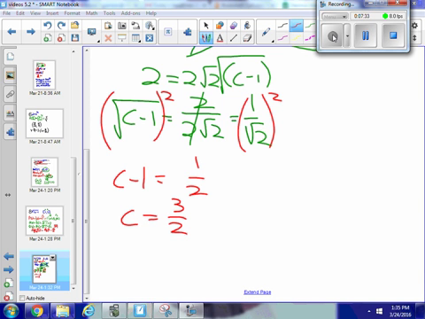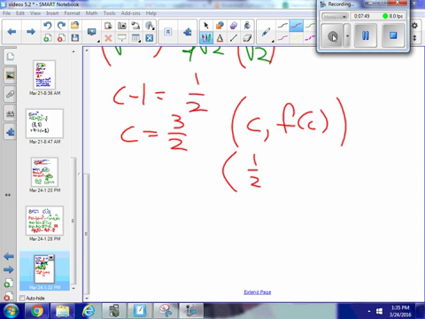So now I'm trying to find the point. I have my c value. What I need to find is f of c. I need to take that 3/2 and evaluate it in my original function, f of x equals the square root of x minus 1.